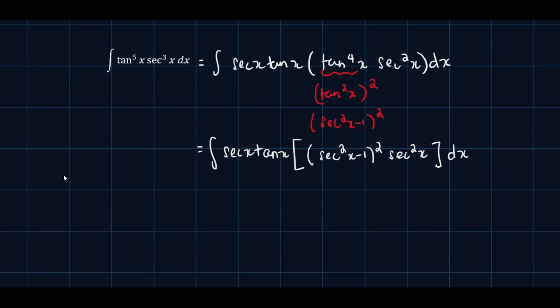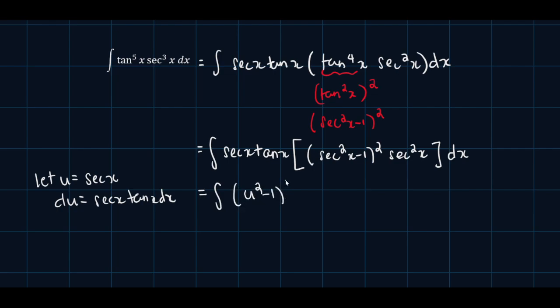From here, we can already make the substitution. So let u be equal to secant x. This would mean that du is secant x tangent x dx. So we can rewrite the integral as u squared minus 1 squared times u squared du.